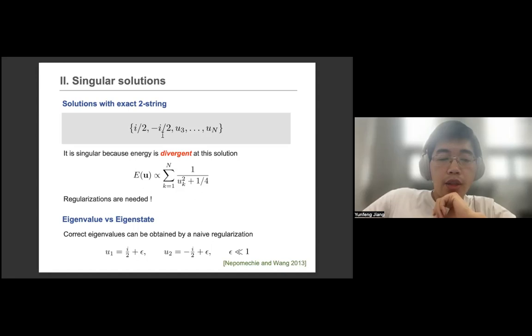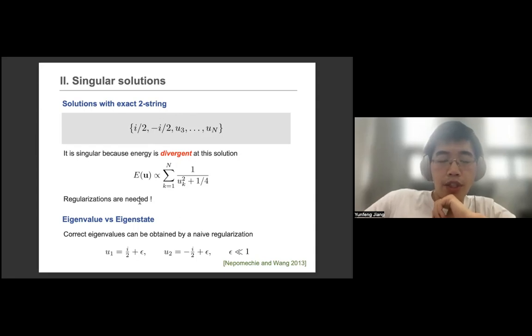So why is it called singular? Because if you plug this solution into the energy formula, namely you can compute the energy using this formula, you'll find that this is divergent if the sum of the u's equals plus or minus i/2. So if it's divergent, then what should I do?